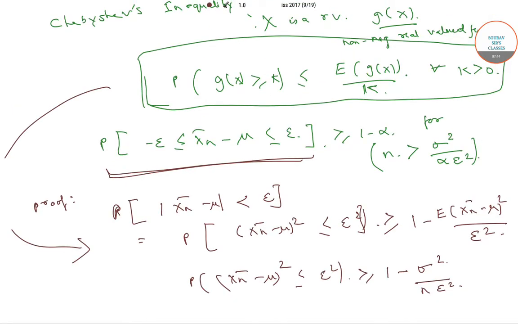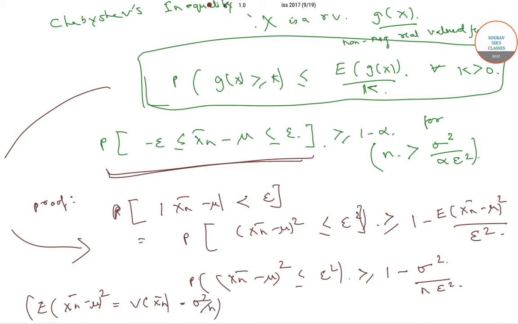Why can we write this? Because the expectation of X n bar minus mu whole square is nothing but the variance of X n bar, which equals sigma square by n.